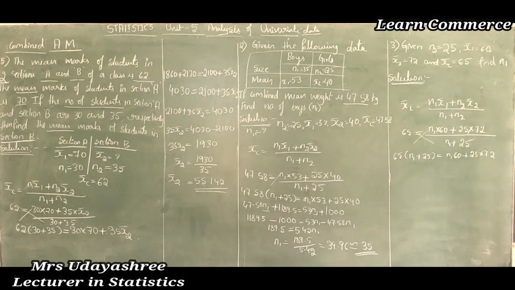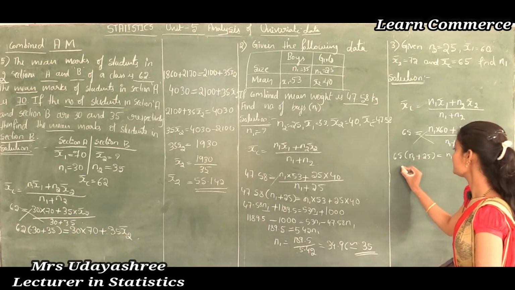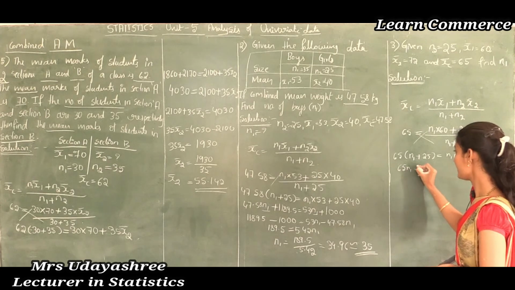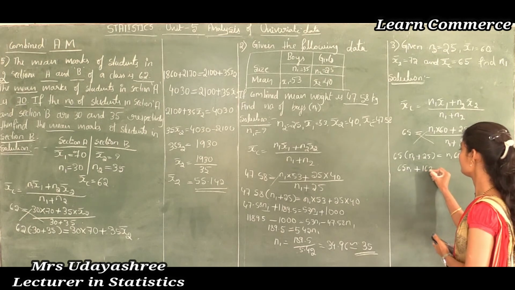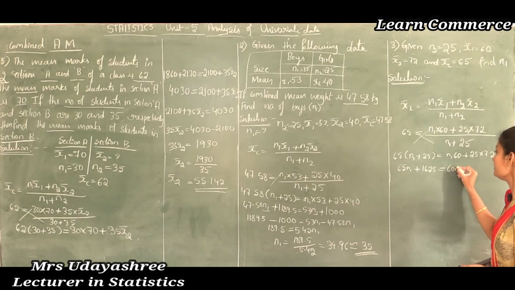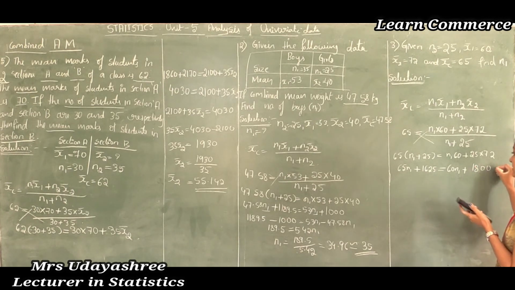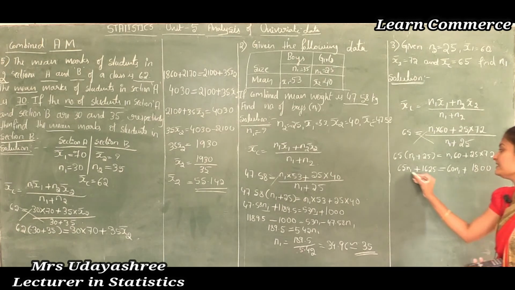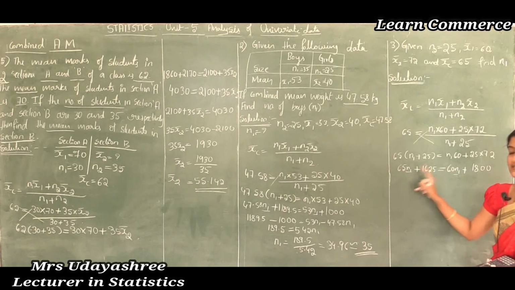So 65 into N1 is 65 N1 plus 65 into 25, that is 1625, which is equal to 60 N1 plus 25 into 72, that is 1800. Next I will bring similar terms together. Here N1 is there, and here also N1 is there. This value is 65 and this value is 60, so 65 is greater than 60.